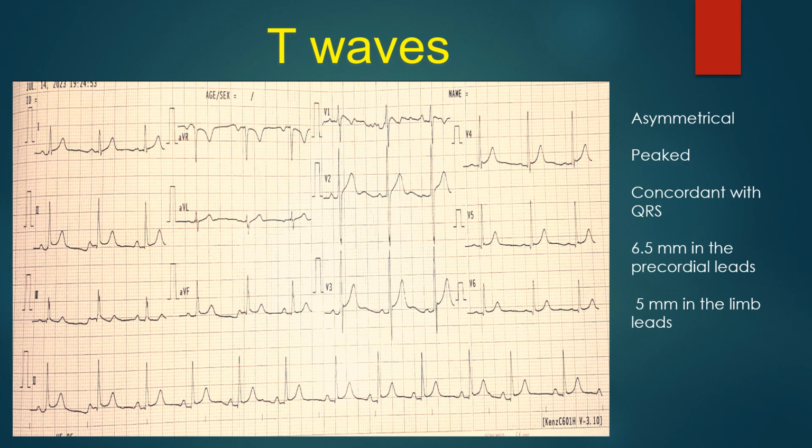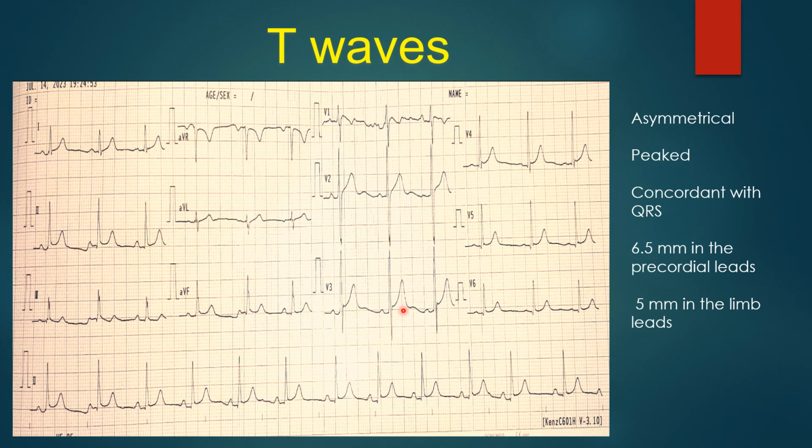T waves in the case of early repolarization have some features, and these can mimic some of the other differentials as well. In early repolarization, these T waves are asymmetrical. This means they have an upsloping that is a bit slowish and a rapid downslope over here.